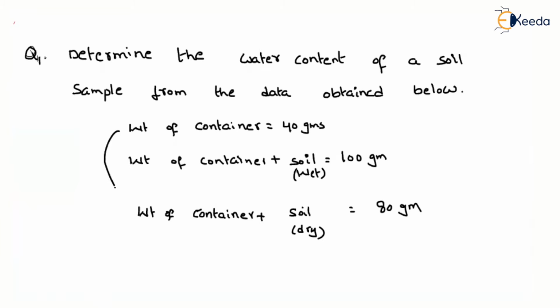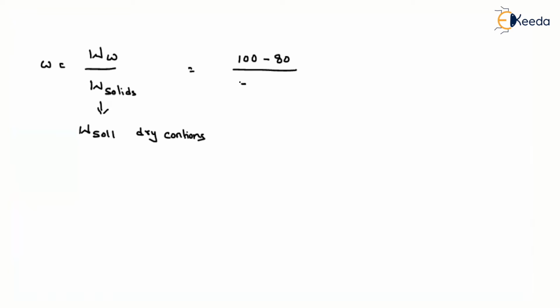Now see these two: the weight of the container, and the weight of the container plus dry soil. If I subtract these two, I'll get the dry soil mass, which is the weight of the solids. So divided by container plus dry soil, 80 grams, minus container weight, 40 grams. That will be equal to 20 grams divided by 40 grams.